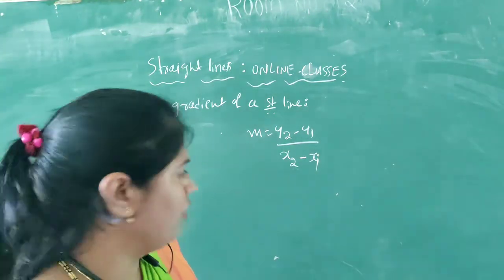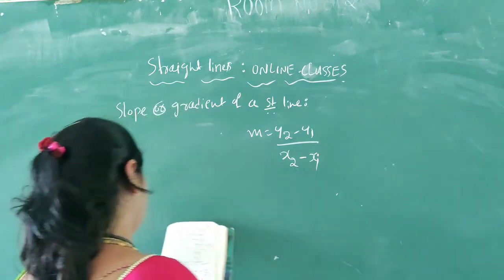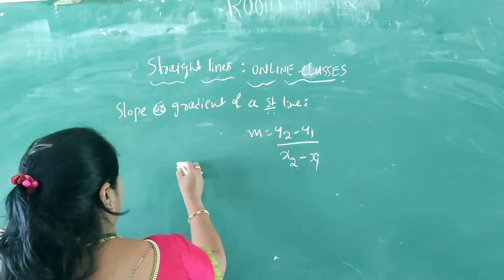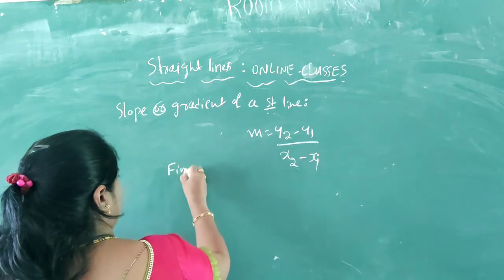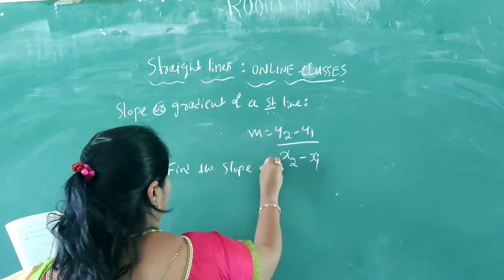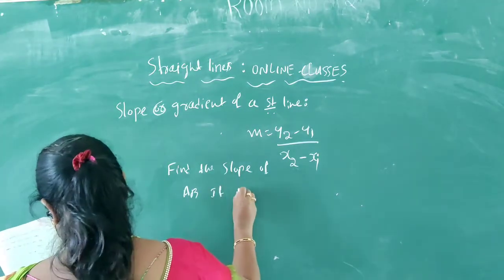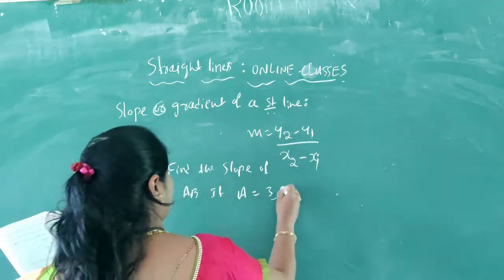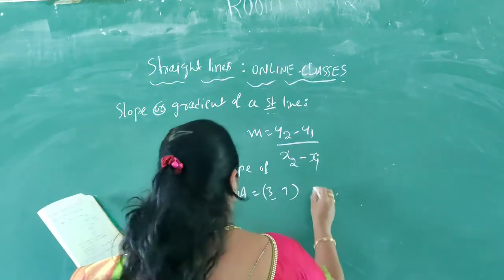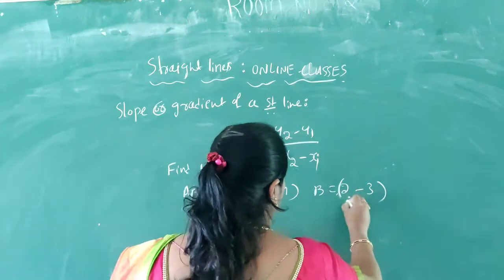So we need to find out here the slope. Find the slope of AB if A is equal to (3, 7), B is equal to (2, minus 3).